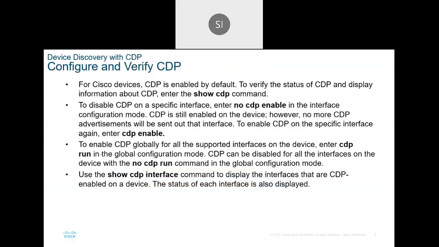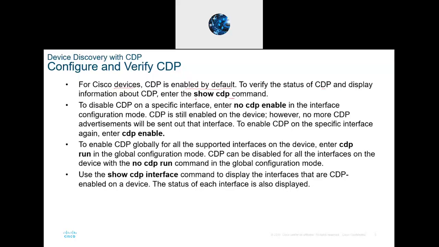So, what do we need to do in this place? We need to learn how to configure CDP and verify CDP. For Cisco devices, CDP is enabled by default, and I'm going to show you right now. To verify the status of CDP and display information about CDP, enter the show cdp command.